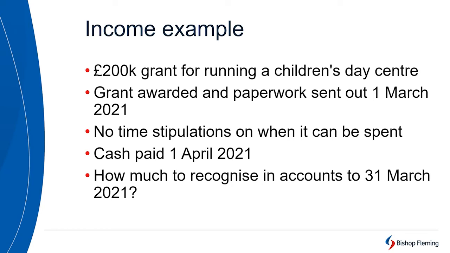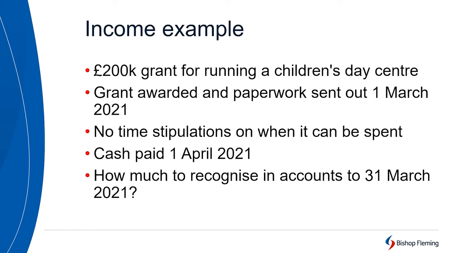Is it probable that we're going to receive that money? Well, if the grant funder is a known organisation, someone like Barnardo's, for example, you've got no reason to not expect to receive that money. You've also got the benefit of hindsight, probably, when you're preparing those accounts, knowing that the cash has been received after year end. So probable, I think, would definitely be ticked there.